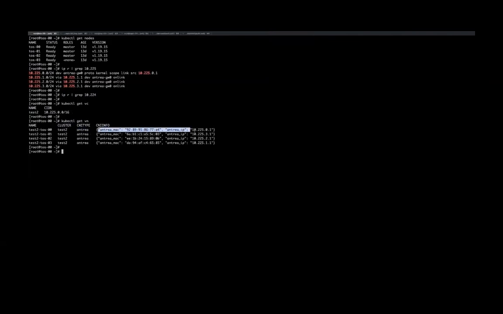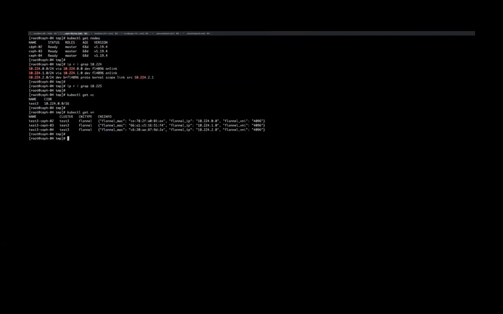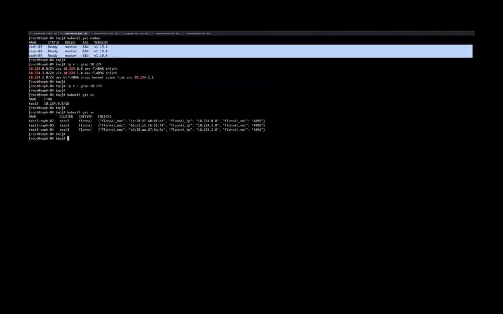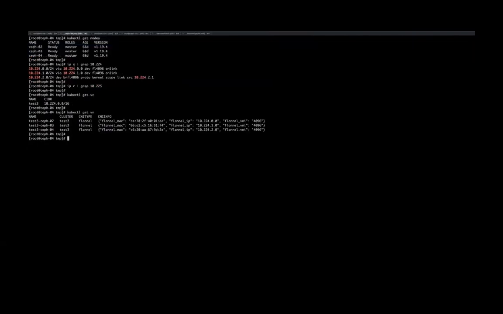The signal type is Antrea and contains some more signal information. Next, look at the second cluster. There are 3 nodes. Also check the host route.